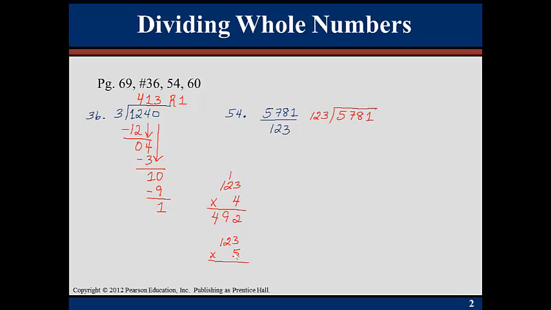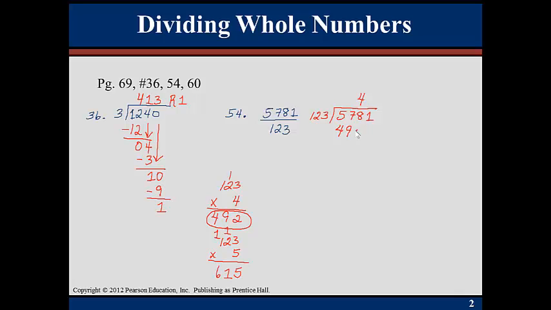Well, 5 times 3 is 15. Carry the 1. 5 times 2 is 10, plus 1, which is 11. And then 5 times 1 is 5, plus 1, which is 6. So 615 is too big, and 492 keeps us within 578. So 123 goes into 578 4 times.